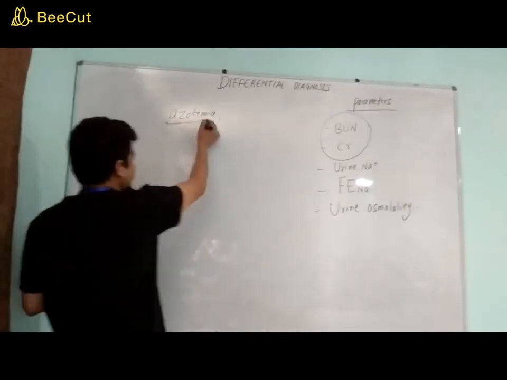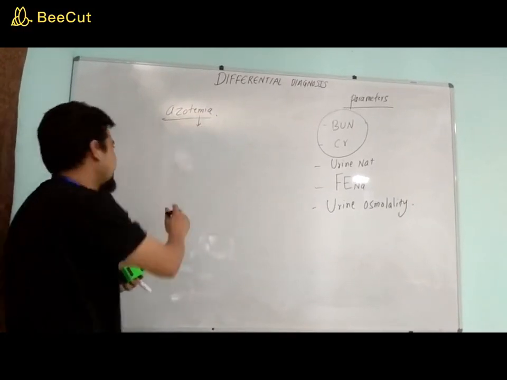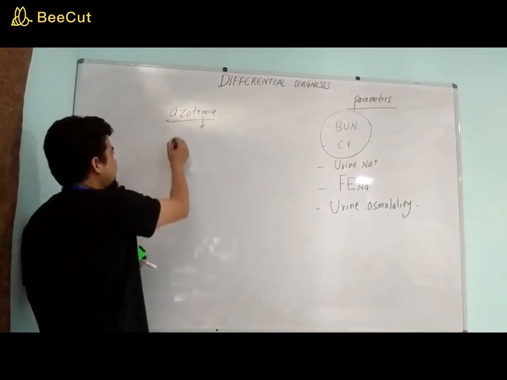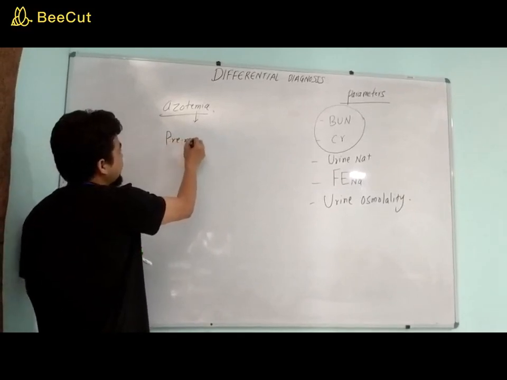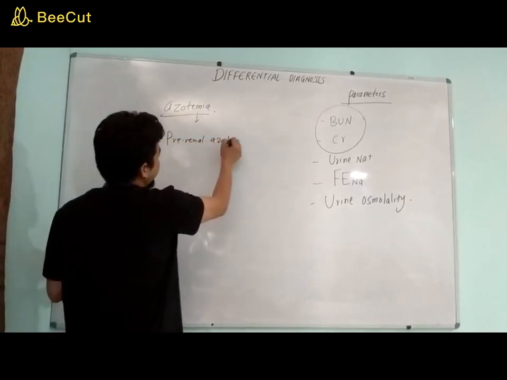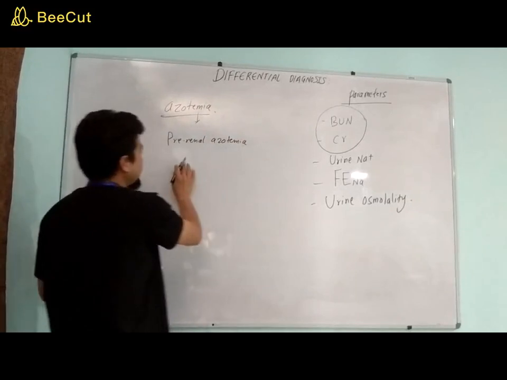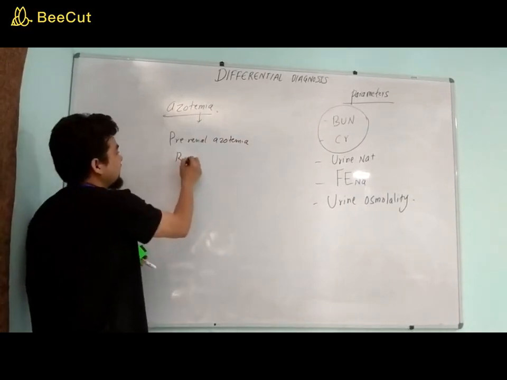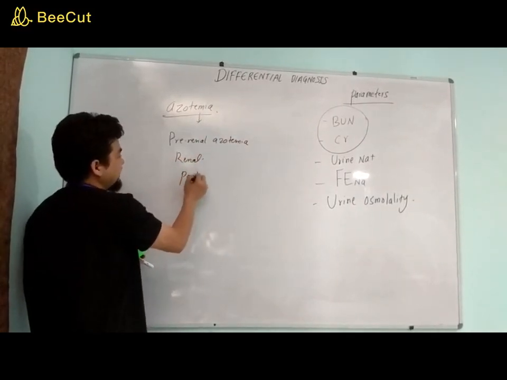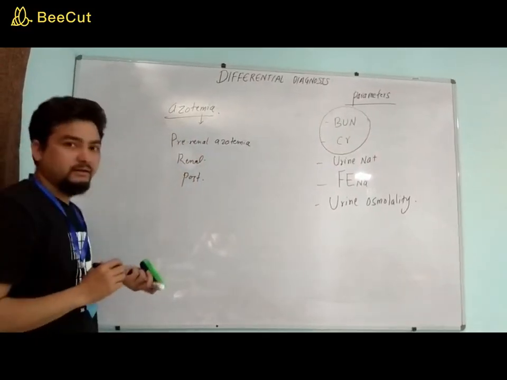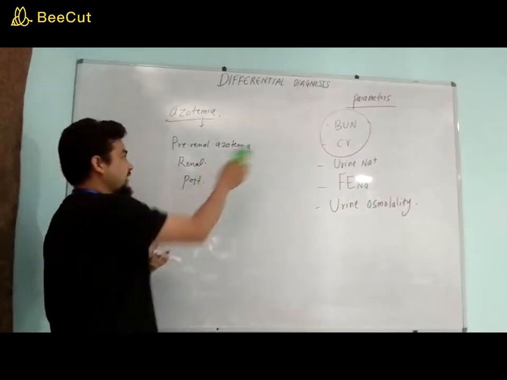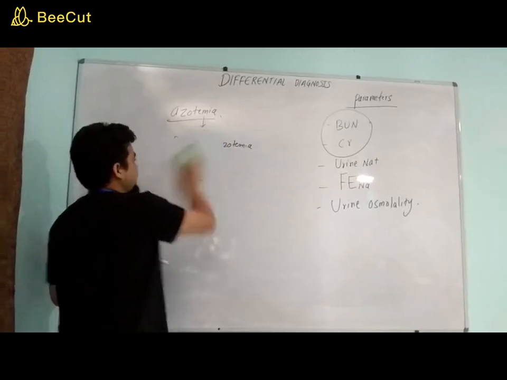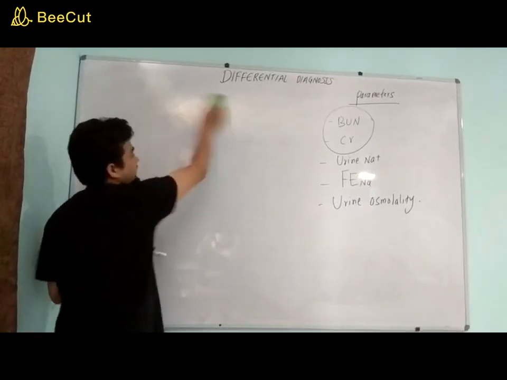So by relating to this azotemia, the kidney problem can be classified as pre-renal azotemia, renal azotemia, and post-renal azotemia.